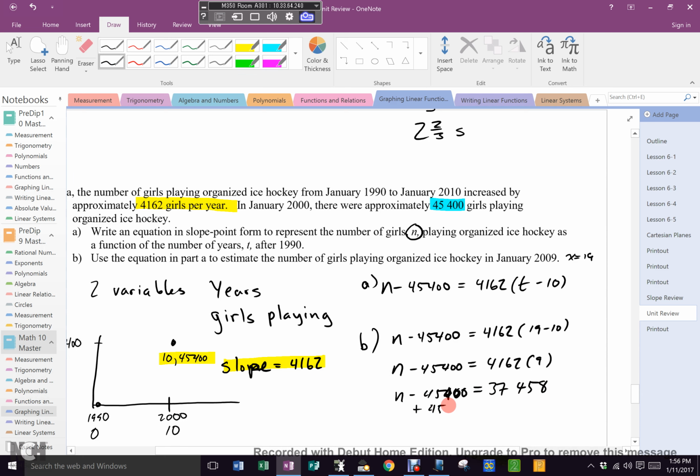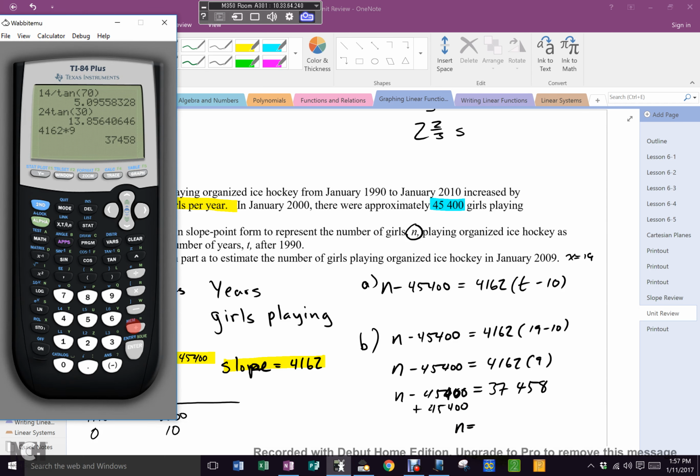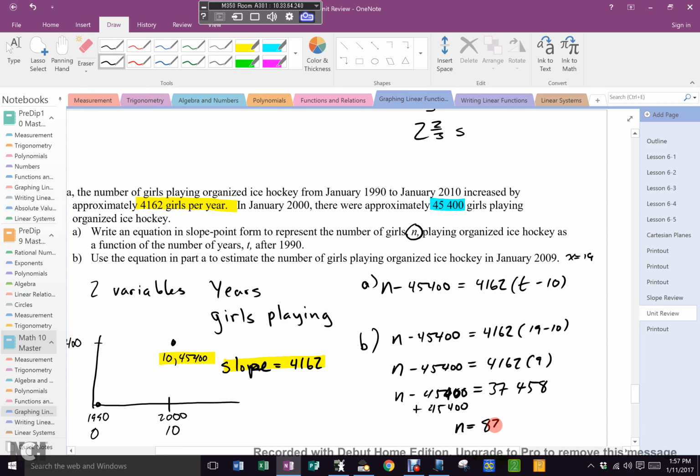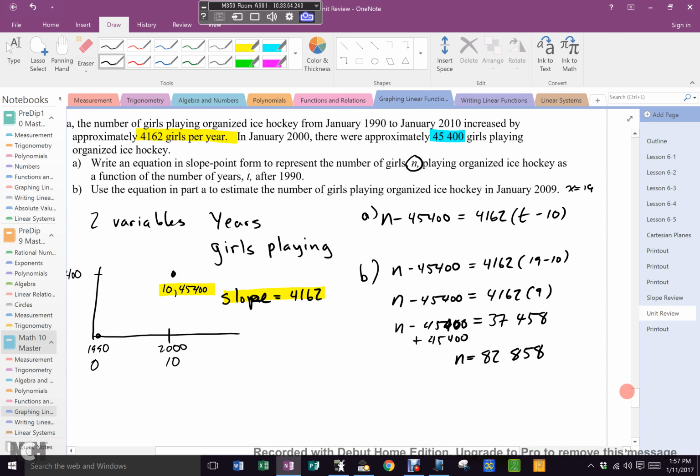Plus 45,400. So n equals 37,458 plus 45,400, which is 82,858. And that's it.